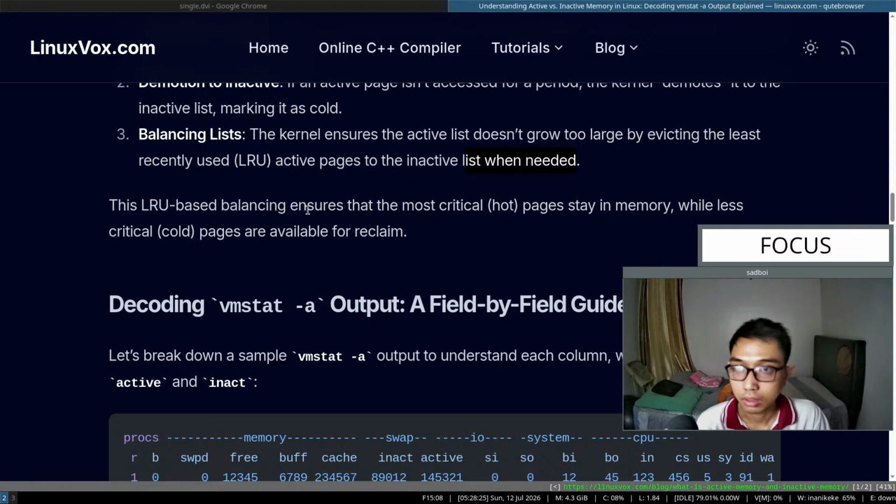Okay. The LRU-based balancing ensures that the most critical, those hot pages, stay in memory, while less critical or cold pages are available for reclaim.